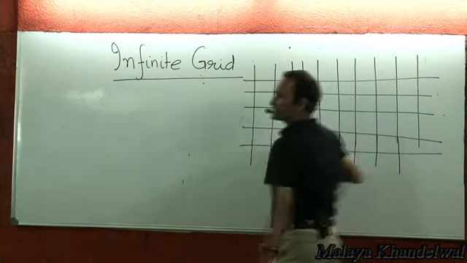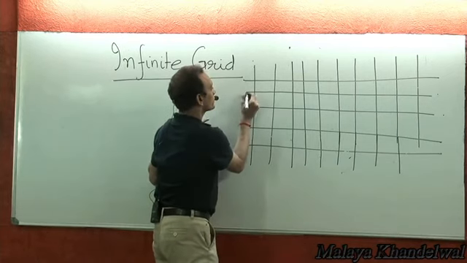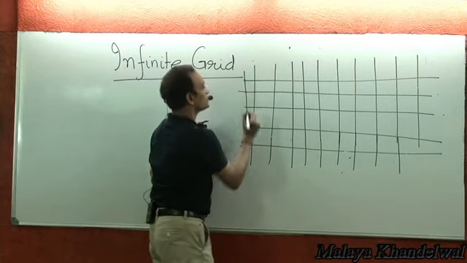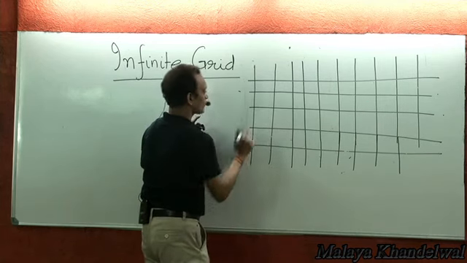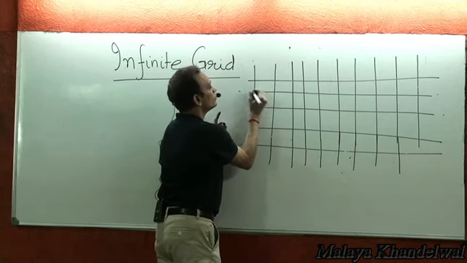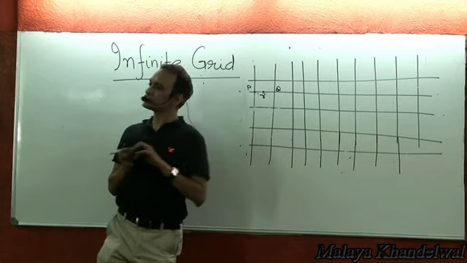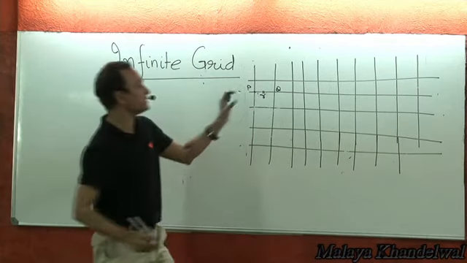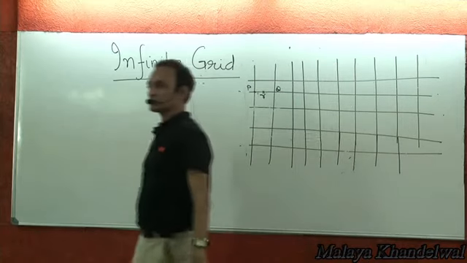This is an infinite grid spreading throughout, and each element, let's say this is an element PQ, and each PQ has a resistance small r. Each side of the square has a resistance small r.